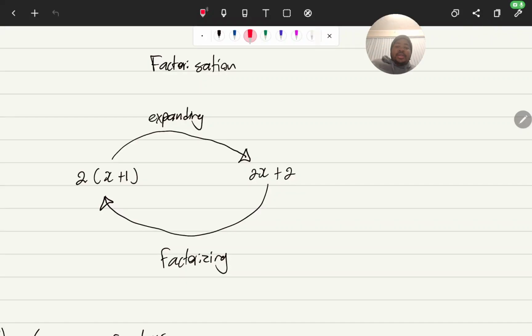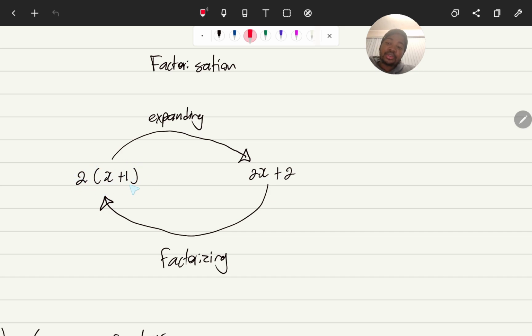So let's talk about factorization. What is factorization? Let me start here. When you simplify something, you would try to expand it. It's like you have this number and we are simplifying this whole thing.